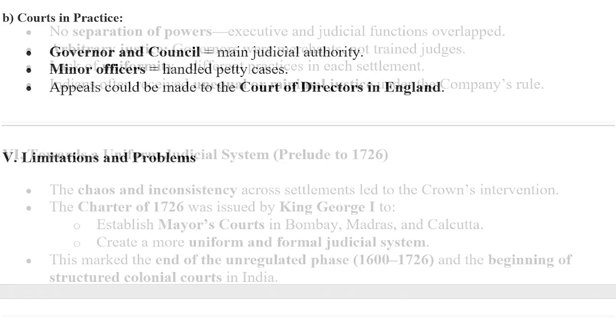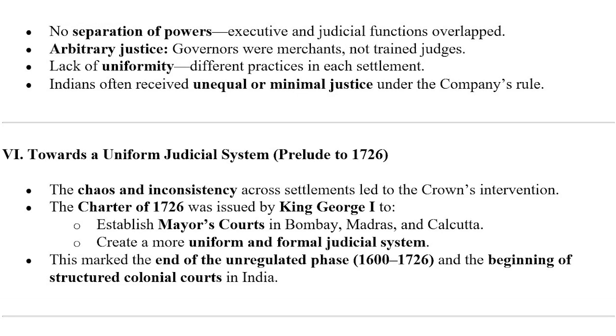Limitations and problems during this period of 1600 to 1726. There was no separation of powers. Executive and judicial functions overlapped. The justice was arbitrary, that is, governors were also merchants, they were not trained judges.